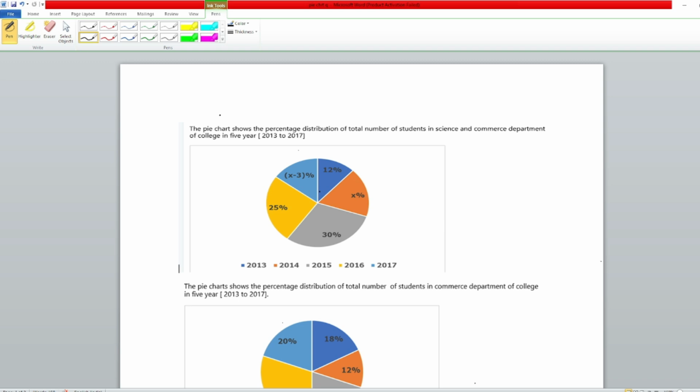The question is related to pie chart and percentage combined together. I am assuming that you all know about the pie chart.